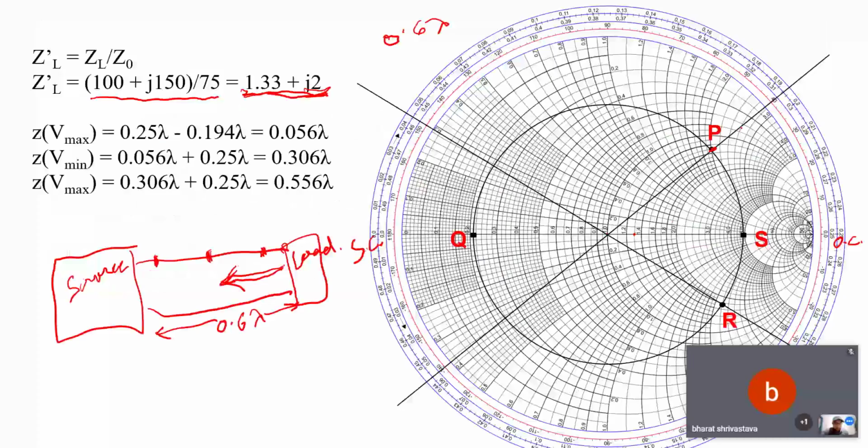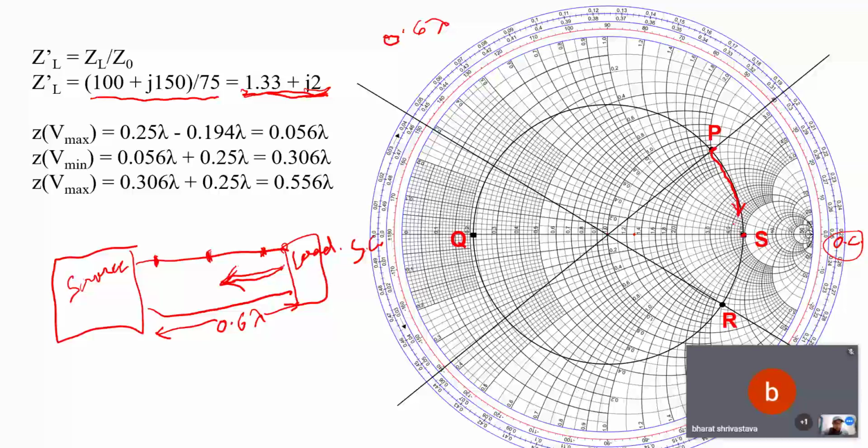When you move towards the generator, in the clockwise sense, first you will come to point S, which is near the open circuited point. Here there is a possibility of voltage maxima.